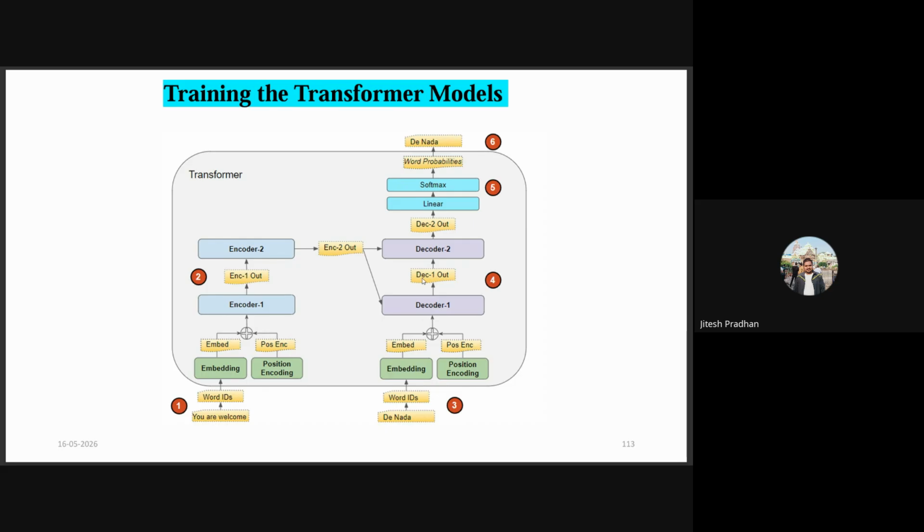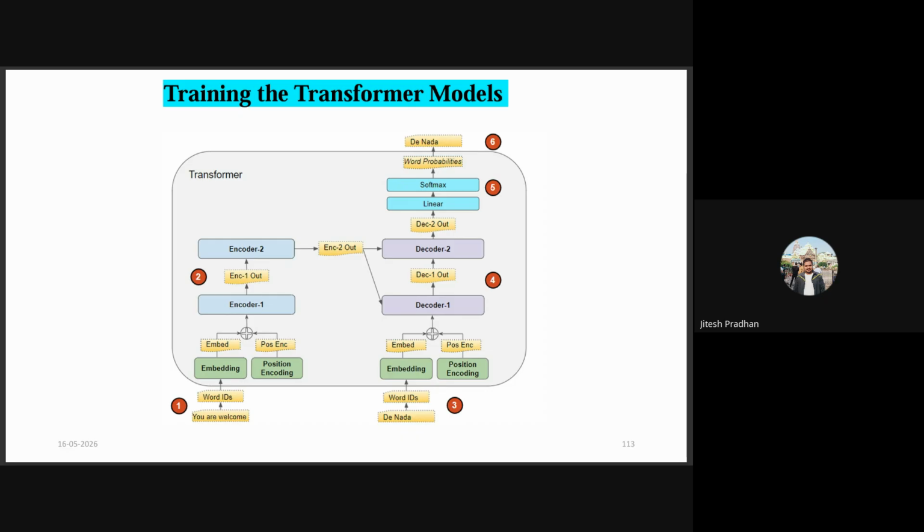Then the first decoder output along with the encoded output will be given to decoder 2. Decoder 2 will give the second decoder output, which will be passed through the linear layers and softmax function to generate the word probabilities. That is, what will be the best word for the first position, and the most suitable word for the second position. And this is how it will generate Danada.